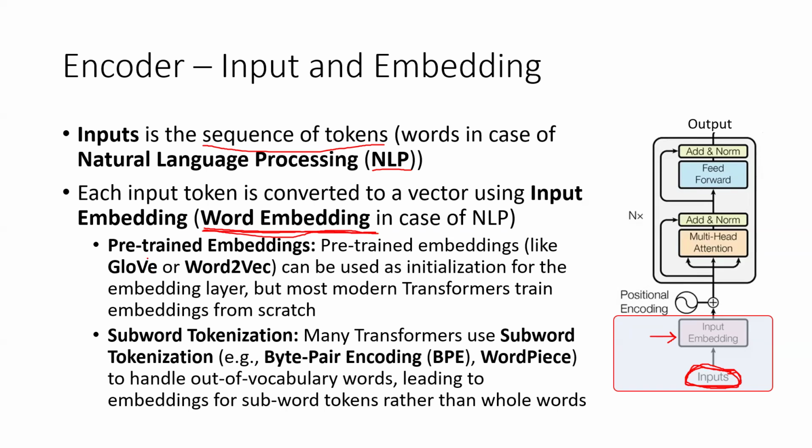Right? So there are two types of word embeddings. One is known as the pre-trained word embeddings and the other is sub-word tokenization. The pre-trained embedding is what we have discussed mainly. The process that I have explained about word embedding is not the actual way it is used, because it is a fully automatic process.